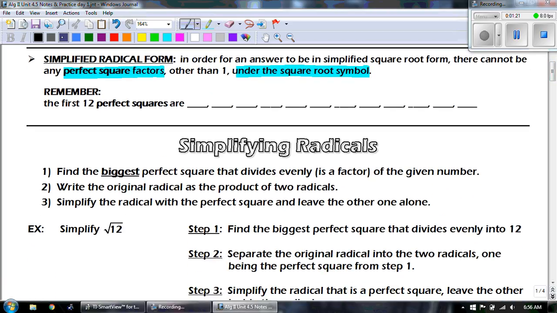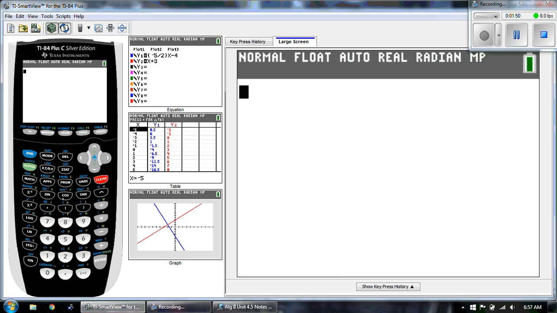So we need to remember the first 12 perfect squares. 1 squared is 1, 2 squared is 4, 3 squared is 9, 4 squared 16, 25, 36, 49, 64, 81, 100, and if you don't know where I'm getting these from, you can just work them out.